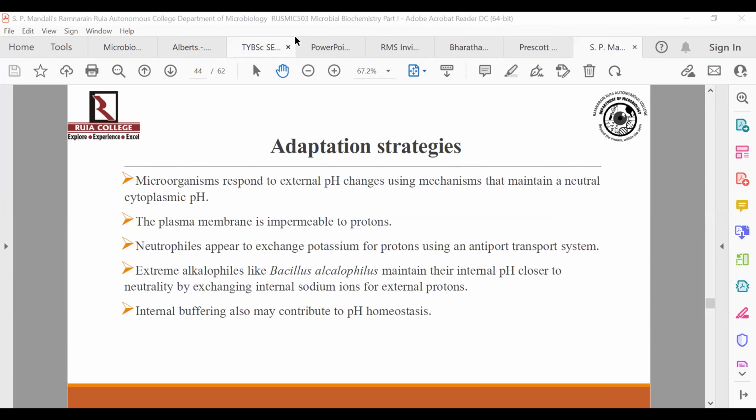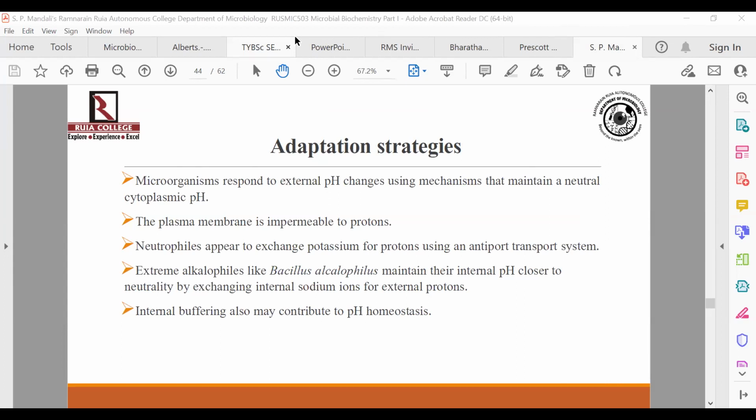If they do not want alkalinity to rise in the cytoplasm, they will have to get protons from outside. Exactly the opposite of acidophiles or neutrophiles, which try to eliminate the protons. Alkaliphiles normally try to take protons inside themselves in exchange for sodium, so that they can maintain their cytoplasmic pH far away from alkaline and keep it in the neutral range.